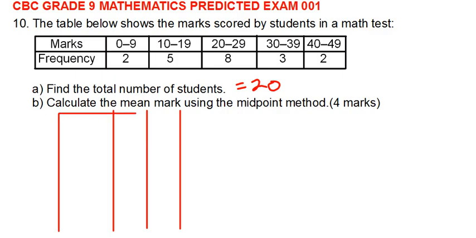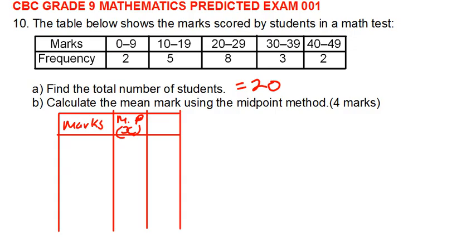For the first column, instead of class, let's use marks. Then the next is the midpoint, which we call x.